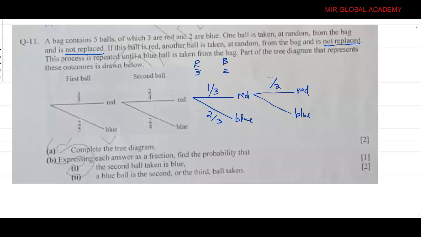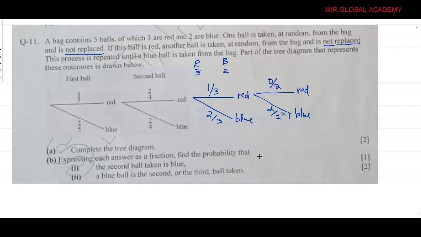So we have 0 red balls left. In here, we also have a total of 2 balls, and out of these 2 balls, we haven't picked any blue ball on this path. So we still have 2 blue balls. So the probability of this blue is 2 over 2, which is 1. So we have completed the tree diagram.